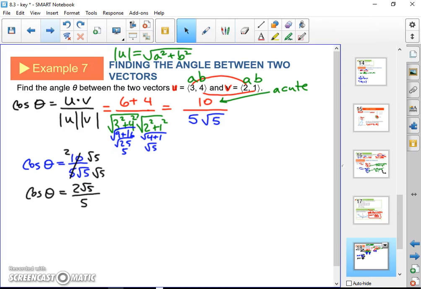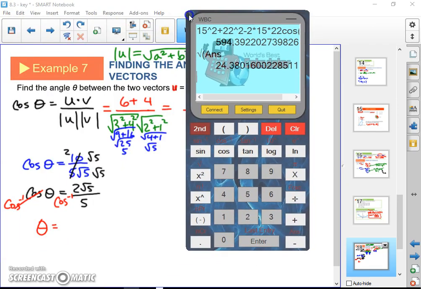It doesn't really matter, though, to rationalize, because in order to find theta, and that's what we want, we're going to have to do an inverse cosine. And the calculator doesn't really care what you plug into the calculator. So theta is going to equal inverse cosine of whatever that was that we plugged in. So whether you rationalize or not, it doesn't really matter. Let's do an inverse cosine. What we have is 2 times the square root of 5 divided by 5.